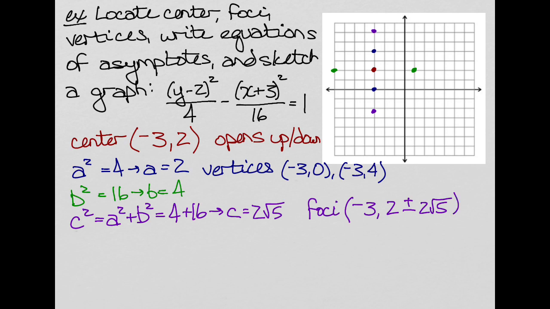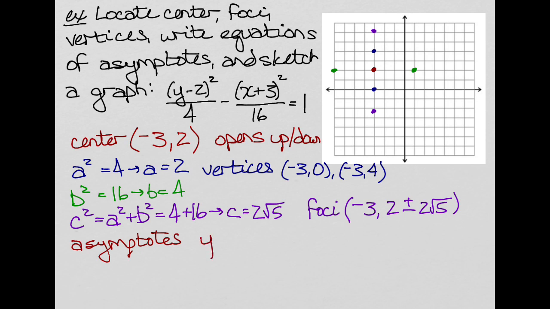All right, we got all the important points. Let's find some asymptotes. The asymptotes, since we're opening up and down, are going to have slopes a over b.